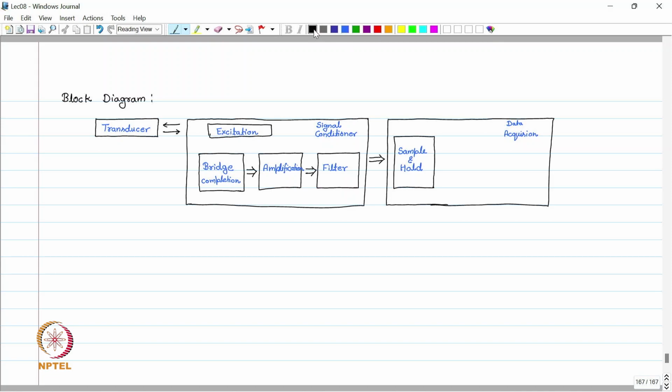This stage is then followed by the analog to digital converter, and this stage is further followed by the multiplexing and data transmission.